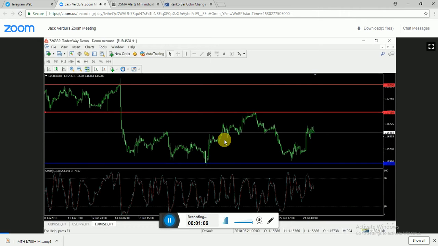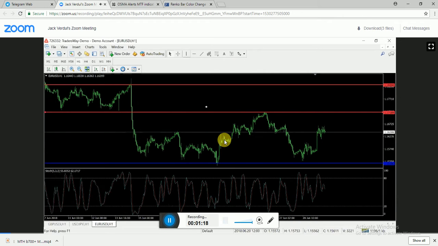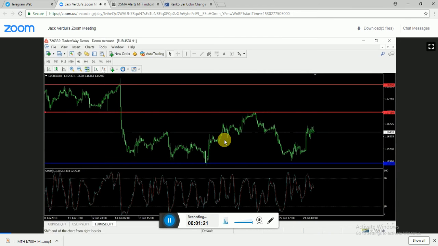The first pair that we have marked up here is the Stochastic, the Euro USD time frame. Usually I do the 4 hour time frame, but today I'm gonna go over the hour one because the hour has a better formation going on to explain everything.